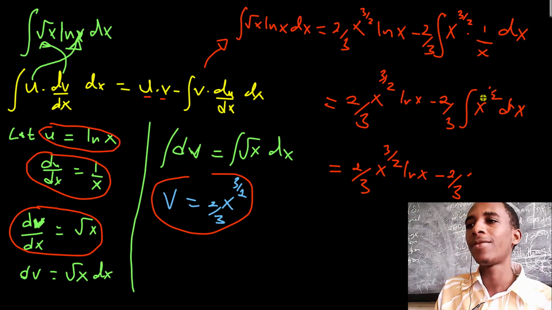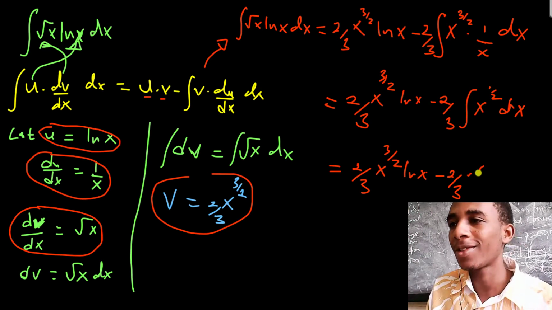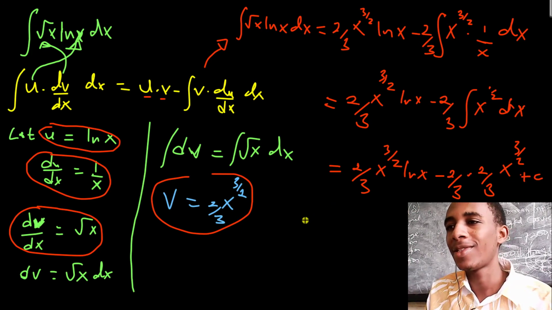So that's 2/3 x to the power 3 over 2 natural log of x minus 2/3. The integral of x to the power half is 2/3 x to the power 3 over 2, like we've just done previously, plus a constant if you like. So let me add c there.